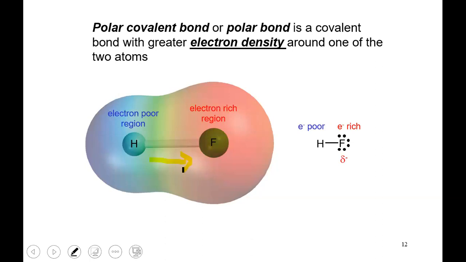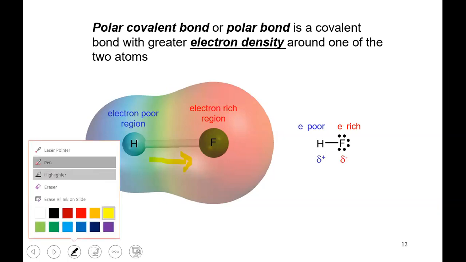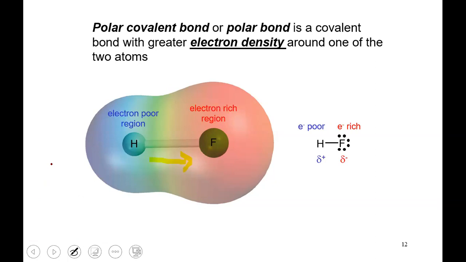This one is going to be the lowercase delta, not the triangle that we use for the capital delta, but the smaller case. Yeah, it looks like a head with a ponytail or something like that on top. I don't know. So we would put delta negative for the fluorine and delta positive for the hydrogen, and what these are called are partial charges. Okay, these are not complete charges. So these are partial.